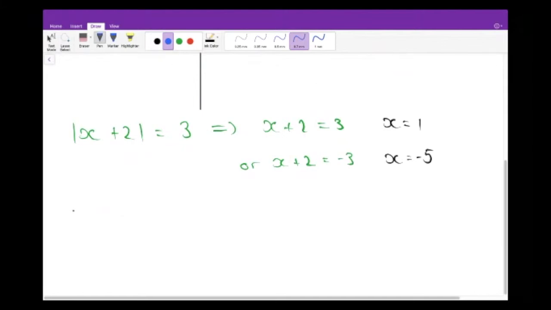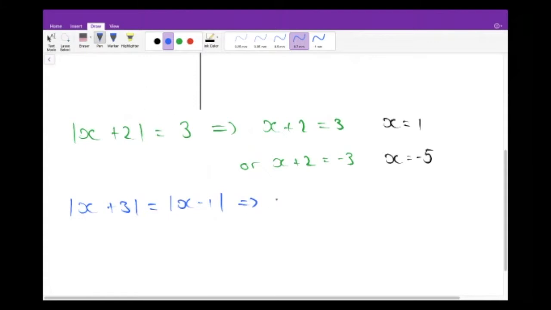If I had, say, a more complicated one with maybe multiple moduli in, so the modulus of x plus 3 equals, again, we could have, say, the modulus of x minus 1. As long as they equal the same numerical value, then it doesn't matter.